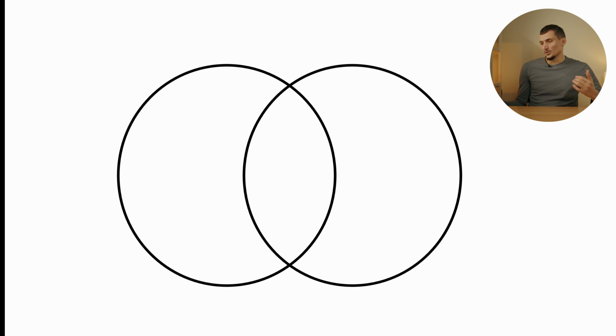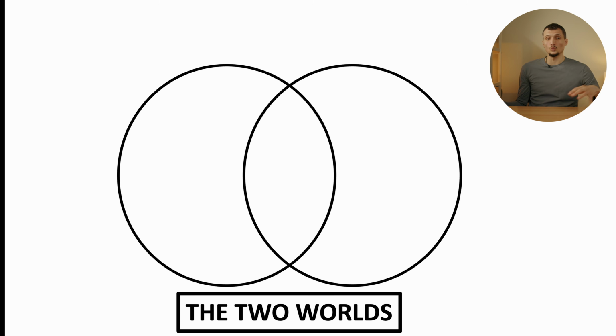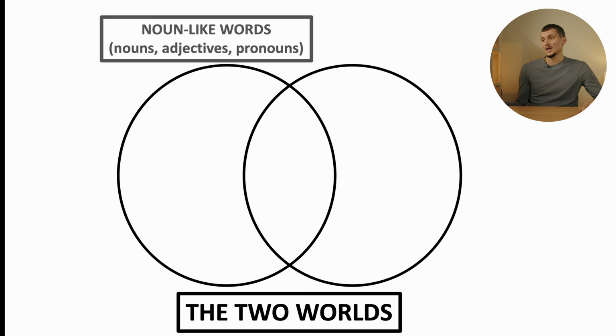So going back to the whole thing and reviewing the whole thing before we bring today's lesson to an end, we have two overlapping circles that represent what we will be referring to as the two worlds when it comes to Slovenian grammar. And I personally think it's very useful to think of Slovenian grammar in terms of these two worlds. One is the world of nouns or noun-like words. The other is the world of verbs.